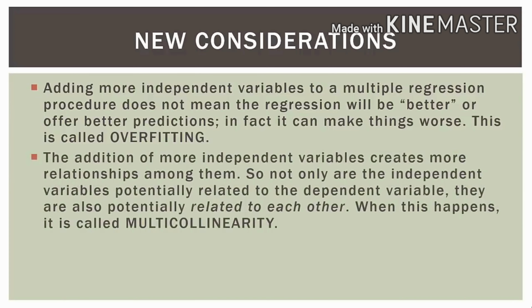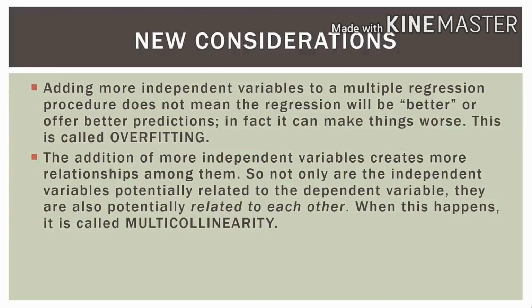The other concept is that the addition of more independent variables creates more relationships among them. Not only are the independent variables potentially related to the dependent variable, they are also potentially related to each other. When this happens, it is called multicollinearity. It's a mouthful of a word, and I stumble over it sometimes, but hopefully we'll get better at it as we go.